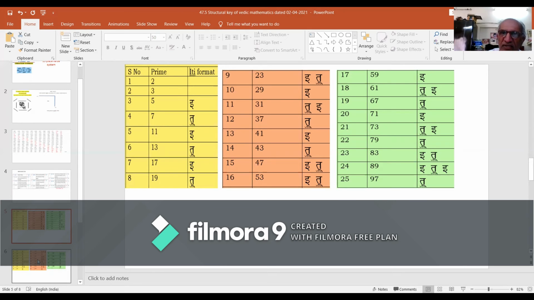sequence of the letters of iti. If we maintain this sequence, E is to be followed by Ta and Ta is to be followed by E. If this sequence is maintained, and if we begin with the prime 5, meaning the first pair of primes, the first even prime, only one prime, and the first odd prime.